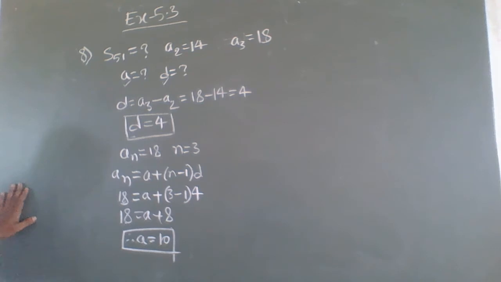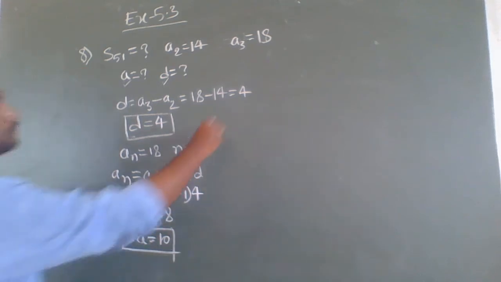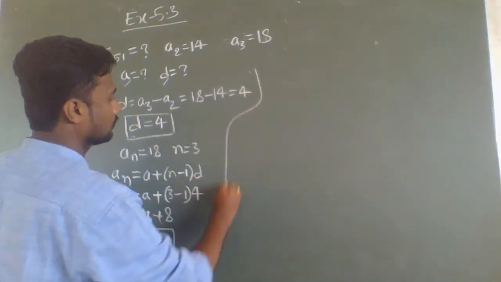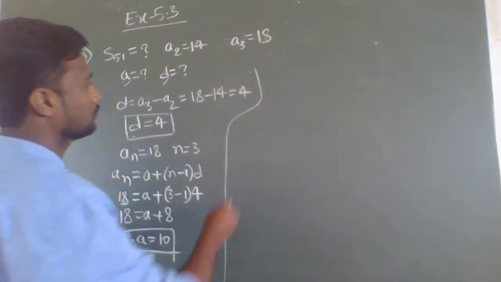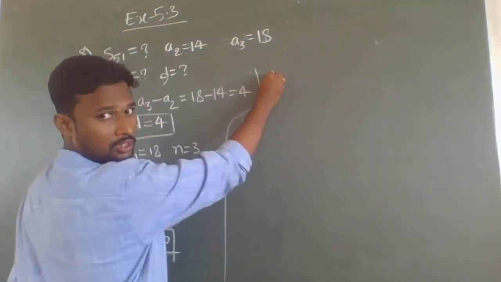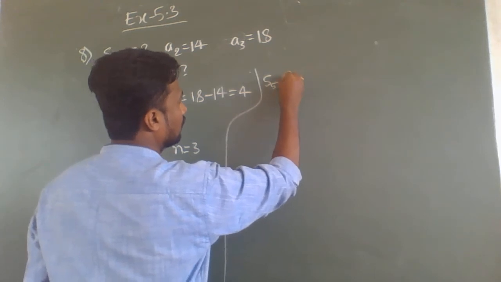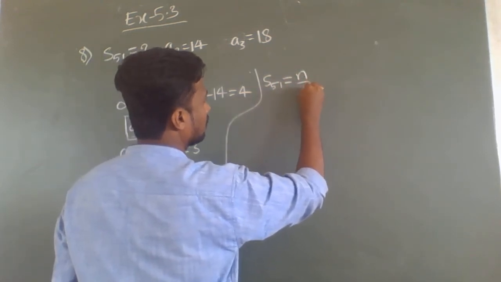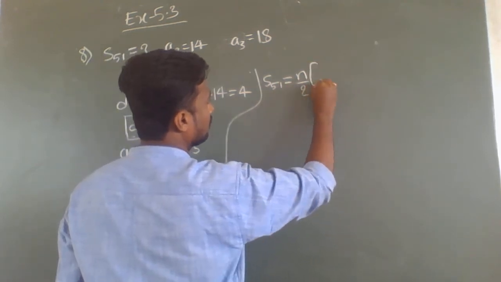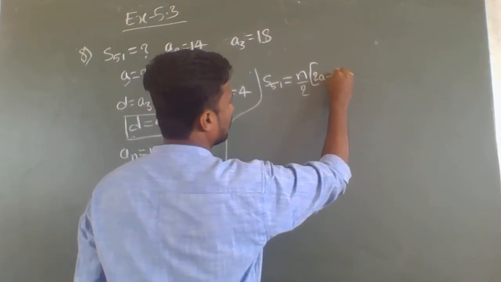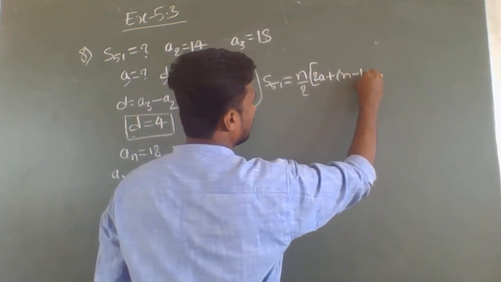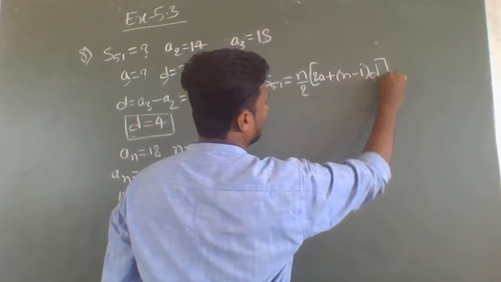Now I can calculate the value of S51. To calculate the S51 value, I will use the formula n by 2 into bracket 2a plus n minus 1 into d.